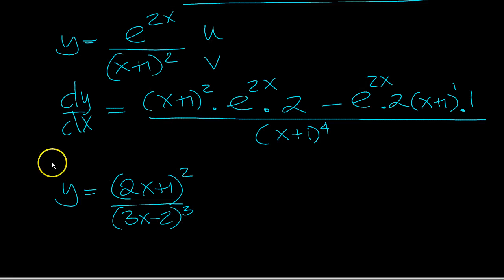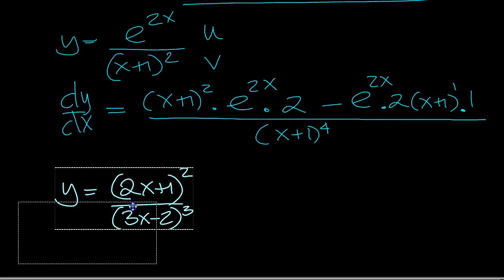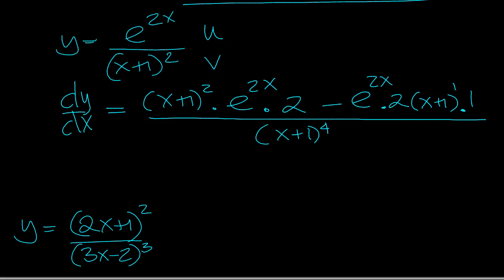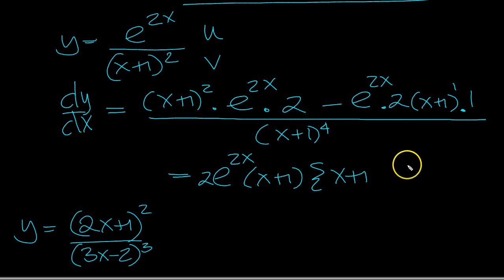And we could tidy that up, of course. So that's equal to, we could take an e to the 2x outside the bracket and an x plus 1 and a 2, and we're left with just the x plus 1 here minus 1, isn't it?